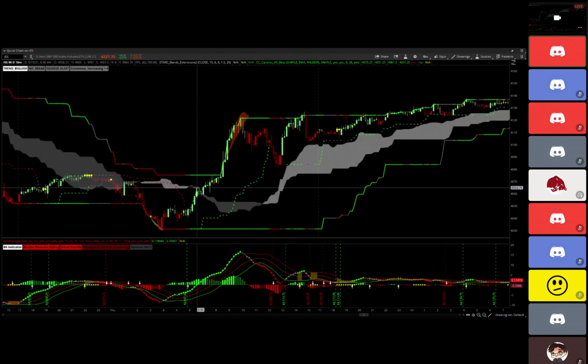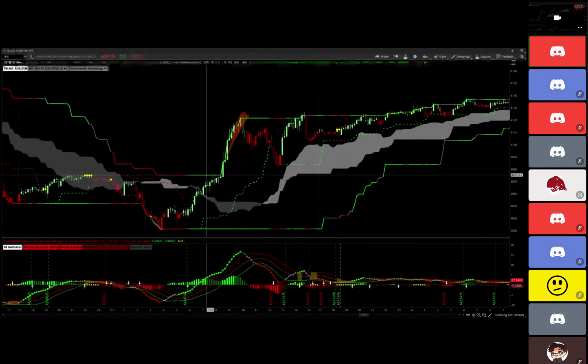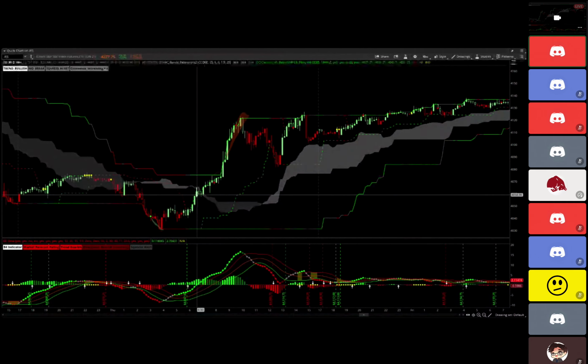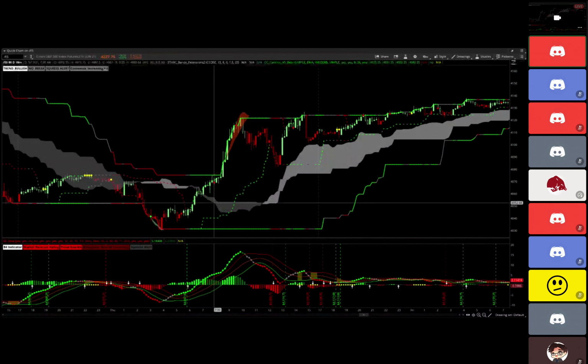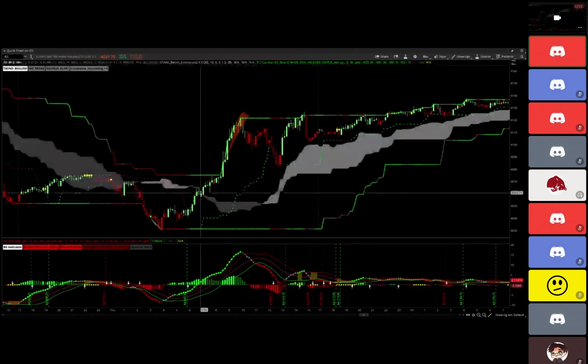I would probably have set my target for this move at the base of the cloud right here. I would be looking for it to get into that cloud level. Another one that you could potentially have considered was looking at the 20, maybe toward the top of the channel if you wanted to go there. But this cloud's relatively thin through here and stands a high probability of being broken through.